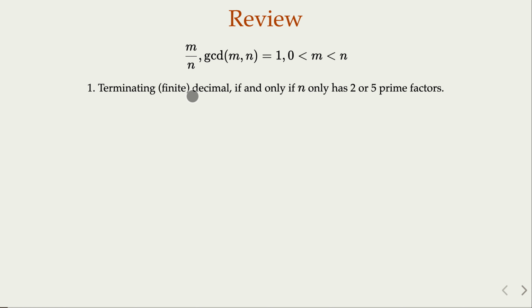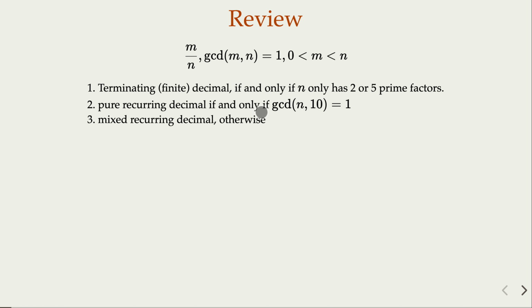On the other hand, if you do not have any 2 or 5, that is, the GCD of n and 10 is 1, they're co-prime, then it would be a pure recurrent decimal. For the third case, that is mixed, you have both 2 or 5 and non-2 or 5 prime factors. Then we would have a mixed recurrent decimal. Today, we're going to focus on case number 2.